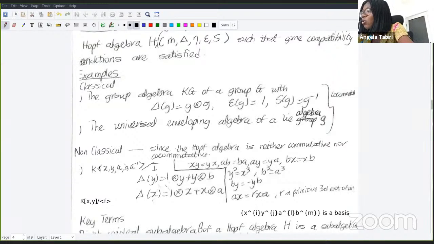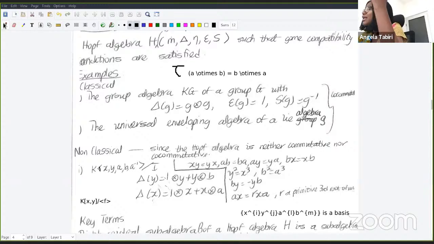But also, if you look at the co-products, if you define a map tau, which just takes an element A tensor B to B tensor A, we call this the flip map from A tensor A to A tensor A. So if you compose your flip map with your co-product and it's still the same as your co-product, then you say that your Hopf algebra is co-commutative.